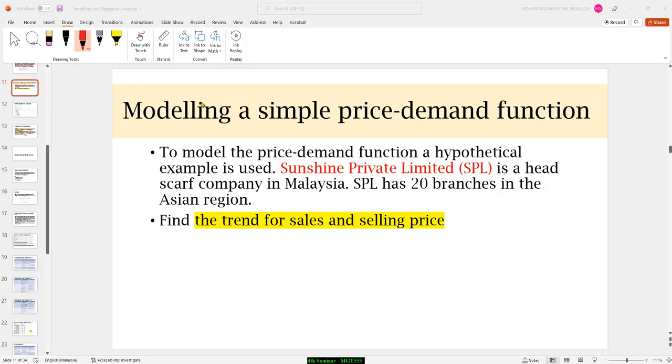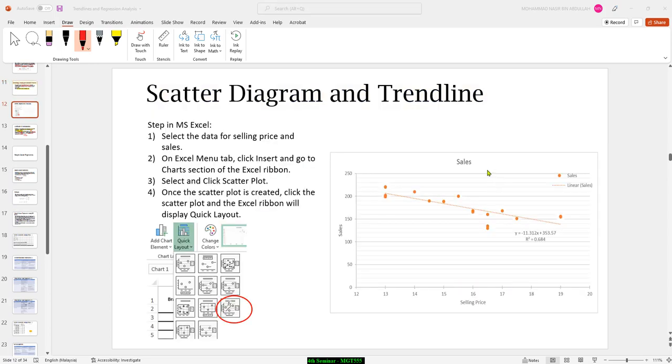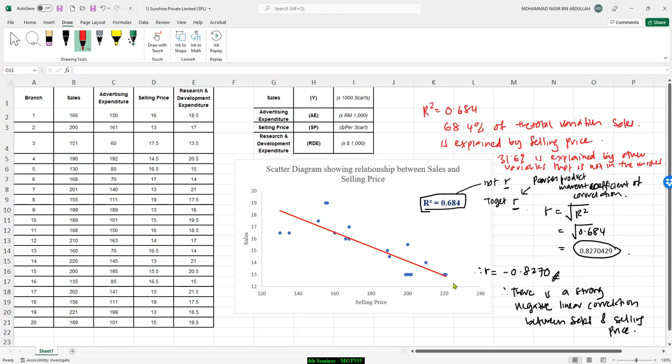Bila kita dah tahu Pearson moment correlation, and kita dah tahu juga the trend line is decreasing, negative correlation. Then let's say we want to predict in future what is going to be the amount of sales if the selling price is equal to 20.